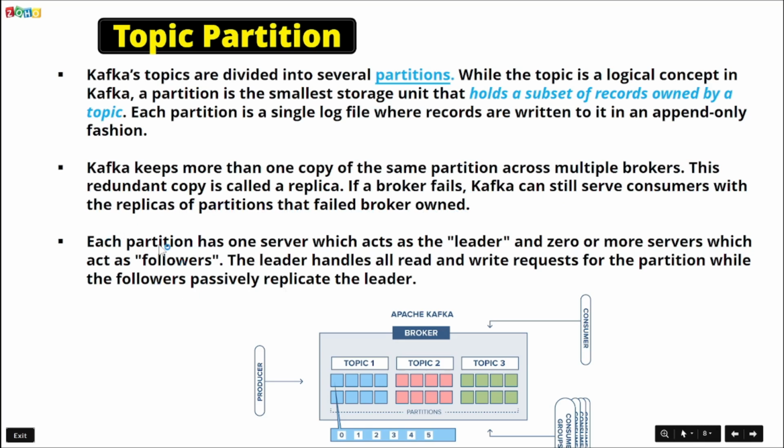Each partition has one server which acts as a leader and zero or more servers which act as followers. The leader handles all read and write requests for the partition, while the followers passively replicate the leader.